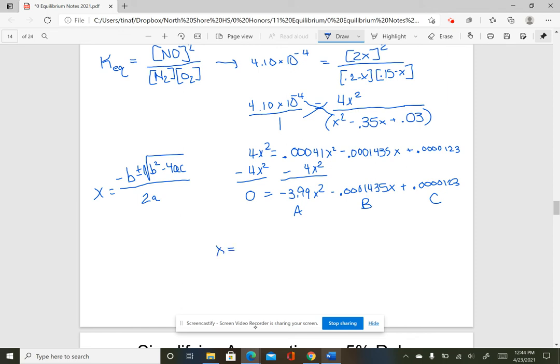So x equals, I'm going to plug 0.0001435 in for B, plus or minus.